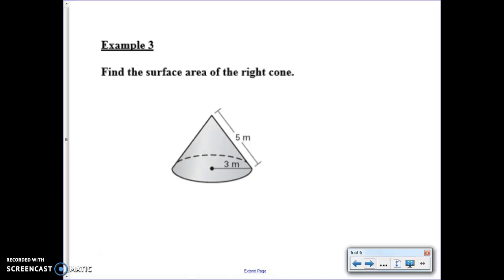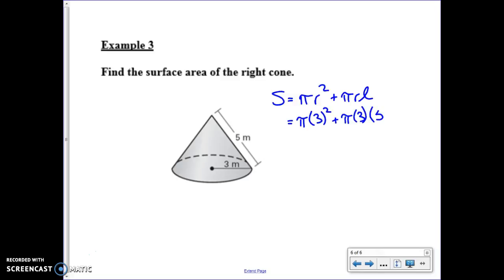So let's try one of these. S equals pi r squared plus pi r L. So I have pi times 3 squared plus pi times 3 times my slant height of 5. I'm going to leave pi alone for a minute. I have 9 pi, then, and I have 15 pi.